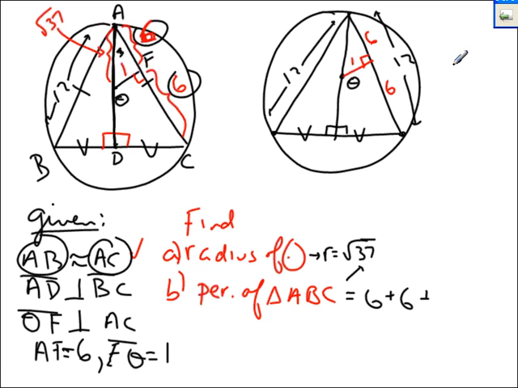And of course that's 6. That being this. And that piece is the square root of 37.